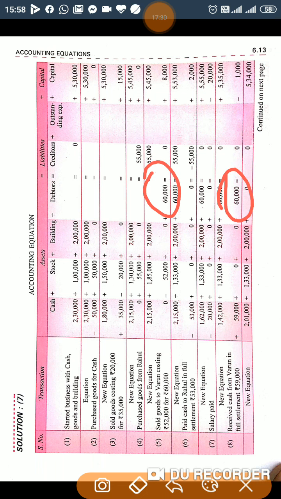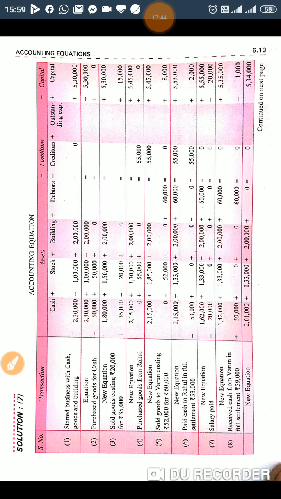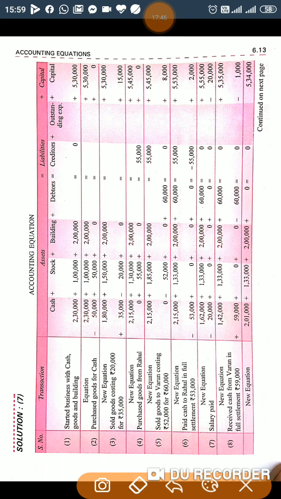Cash is increased by 59,000, and at the same time we have a loss due to discount allowed, minus 1,000 from the capital. So new equation is total cash is 2,01,000, stock is 1,33,000, building 2 lakh, debtors 0, creditors 0, outstanding expenses 0, and capital is 5,34,000. Still the question is going on.